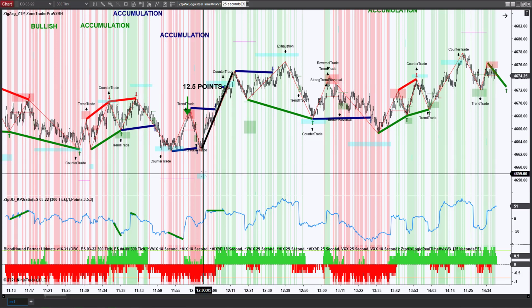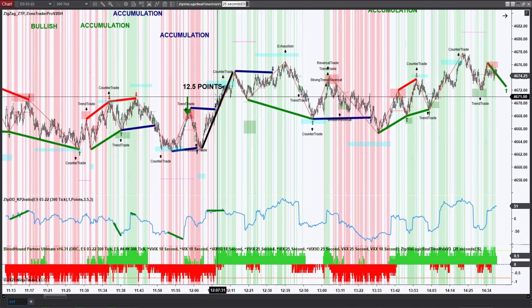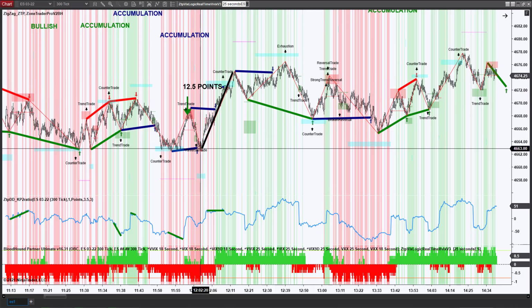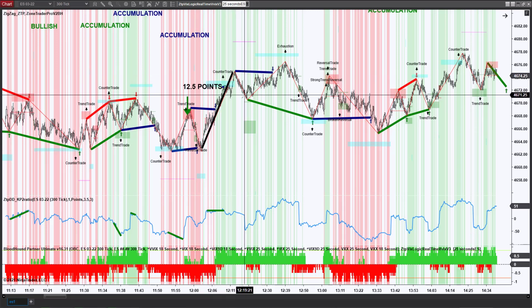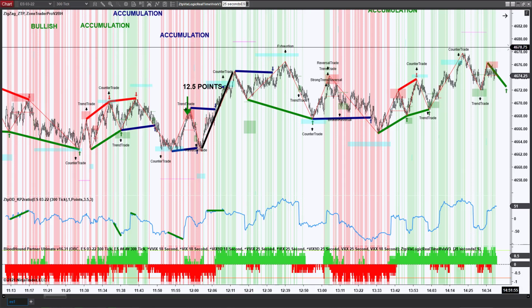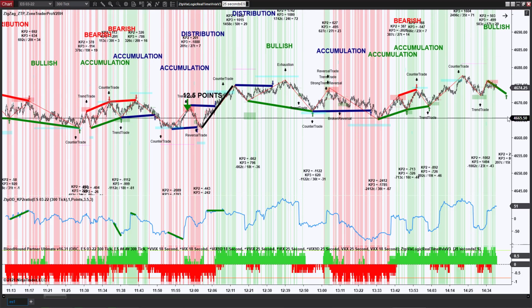However, in this case, because we weren't close enough to the blue down here, we don't form a strong trend pattern. Here we have a move of 12.5 points, and that retraced again in a similar manner to the minor area of support here, and we then traded higher 6 points into this exhaustion trade.